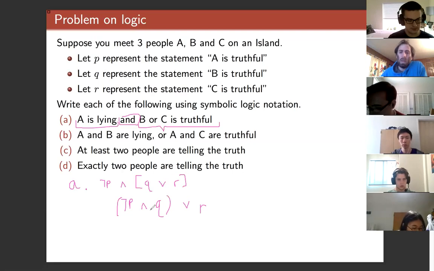Okay, so that would be a little bit different. And to show that it's different, you would work through the truth table.